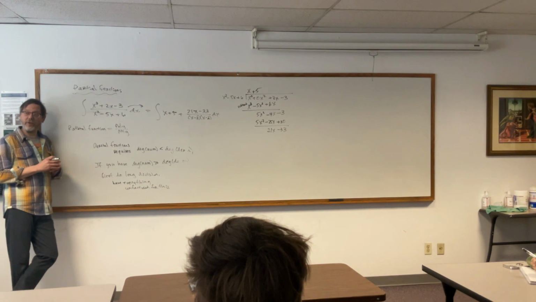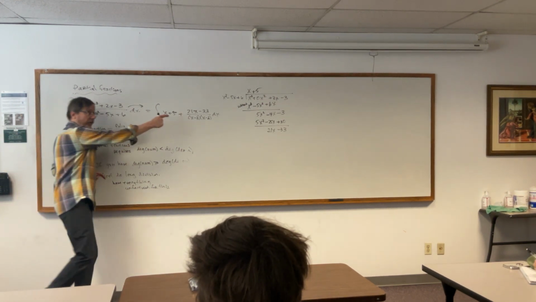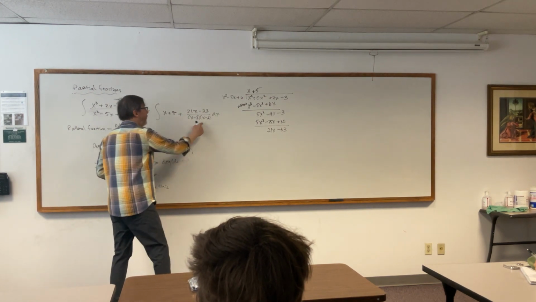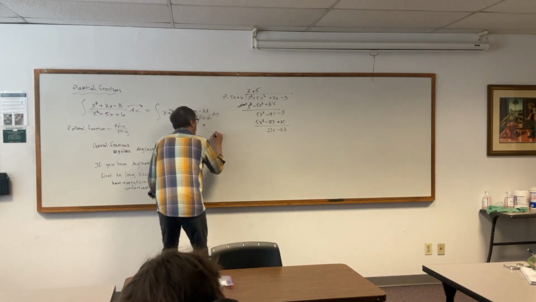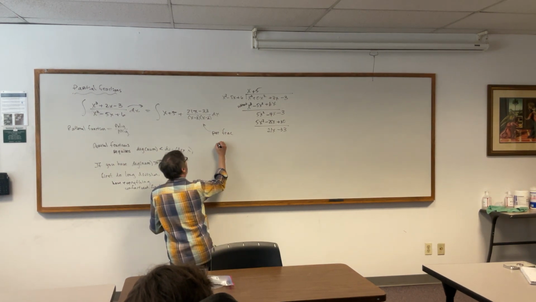Any other questions or comments on that? Okay, cool. So partial fractions on this piece now, because the degree is 1 on top, degree is 2 on the bottom. So for this one, we're going to use partial fractions. And so I do the setup.